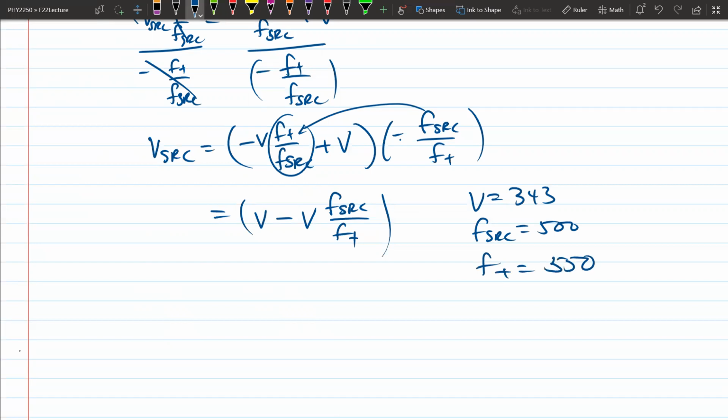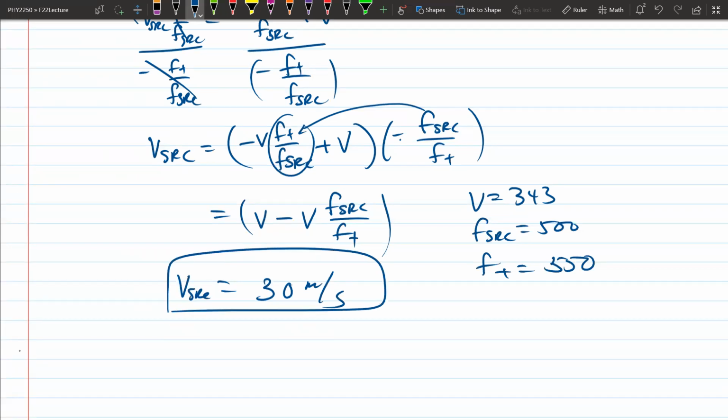Just plug all that in. 500 over 550 times 343, with a minus sign, 343 without the minus sign. I got 30 meters per second. It's kind of cool. So you can actually determine the speed of the police car by just listening to it. Hope I did that calculation right.